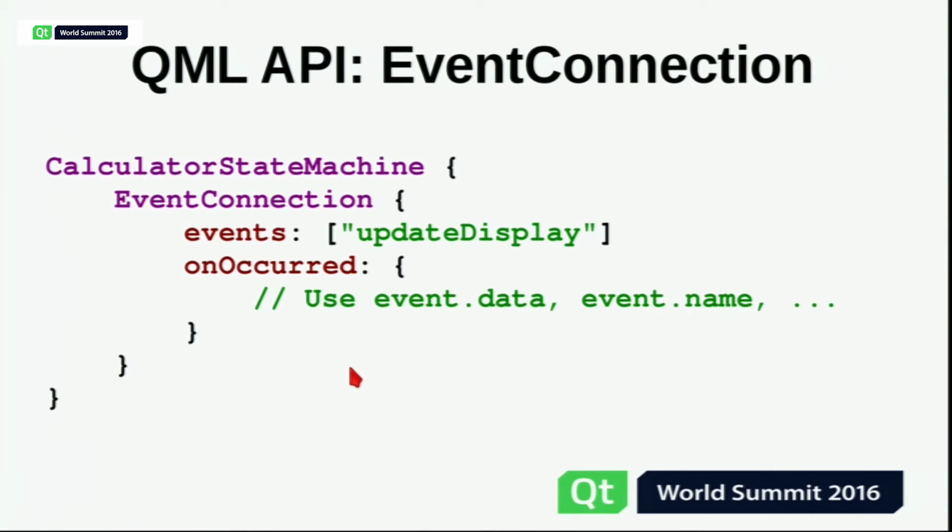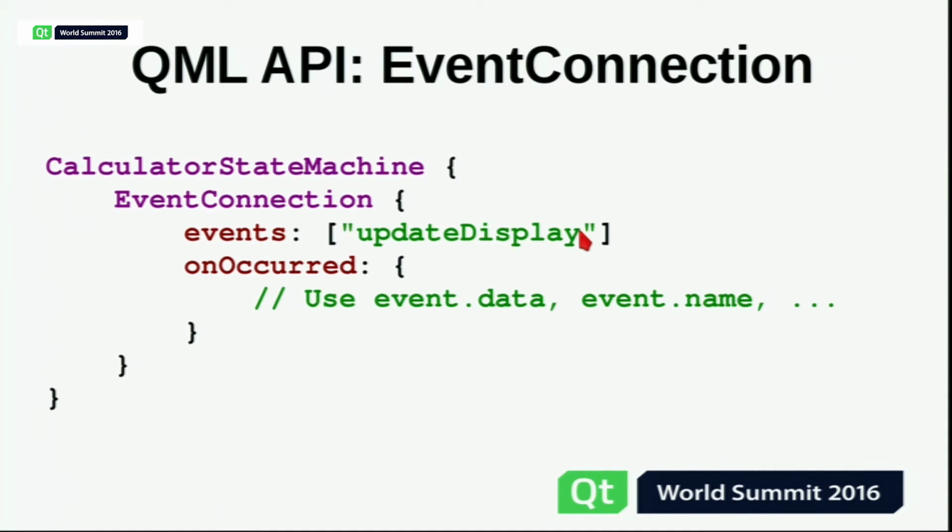An event connection looks like this. Say you have some state machine, and eventually it sends an event called update display, and then you want to do something with your QML. So what you do is you set up an event connection.